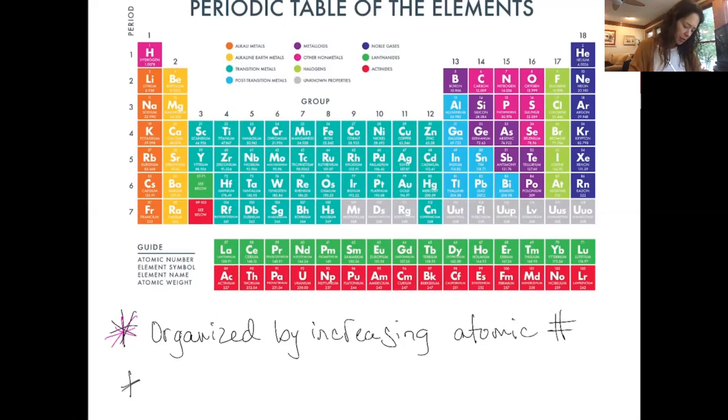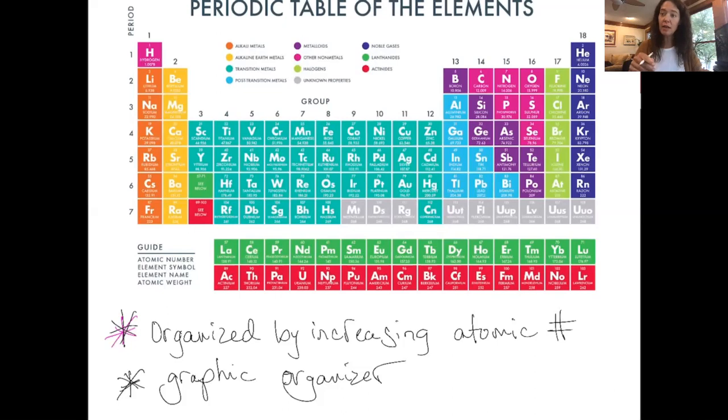The periodic table is actually a lot more than it appears to be. It is a graphic organizer, okay? And we are going to start looking at some of the properties that we can predict about elements based on their location on the periodic table, okay?